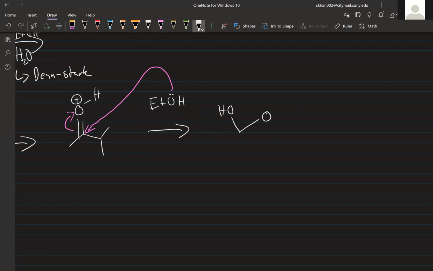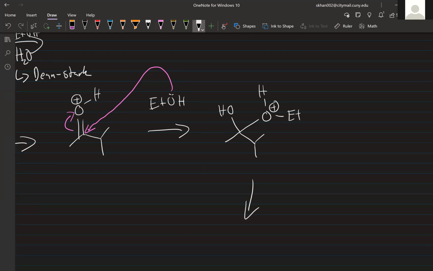I've seen people mess this up a bunch of times. Just make sure you're tracking what you're bonding to. So here we have this oxygen that's bonded. It's Et on one side, it's going to be H here, and it's going to be a positive charge there, right? Now we'll just go downwards, kind of this circle, right?